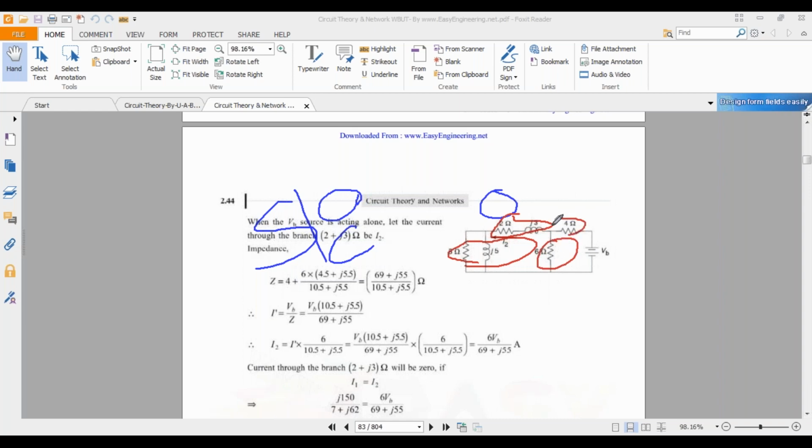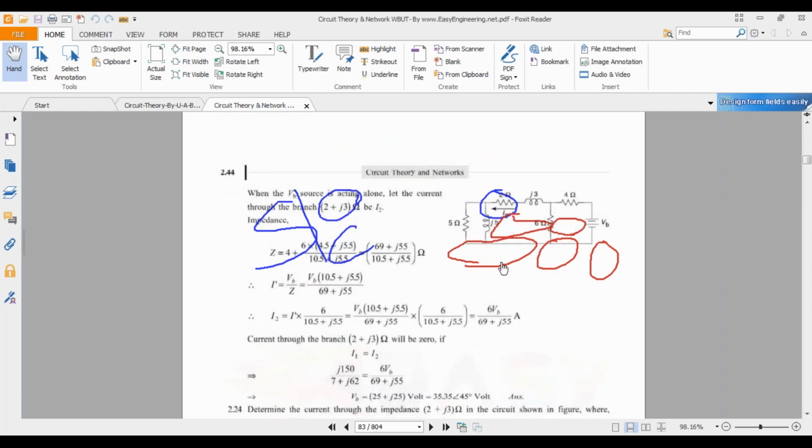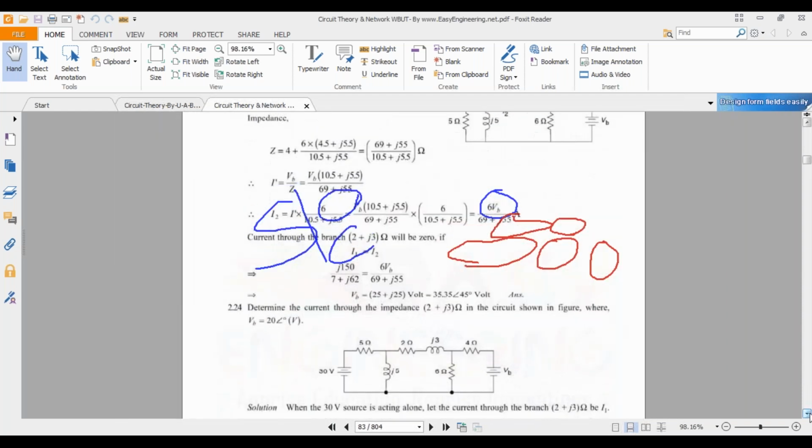And again it is in series. So you can find out the response due to VB now. The total response due to both of the sources is an algebraic sum of the two responses.